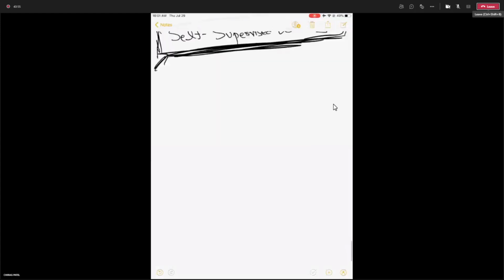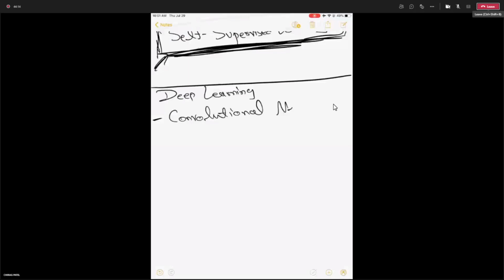Now we started with deep learning. The second network is convolution, the convolution neural network.